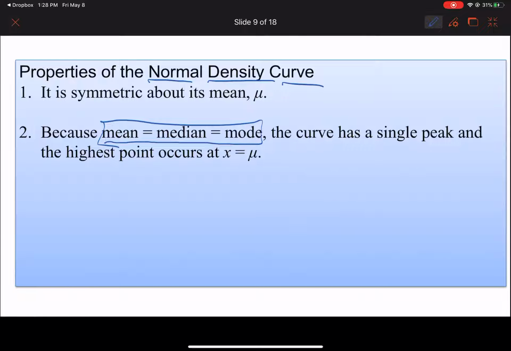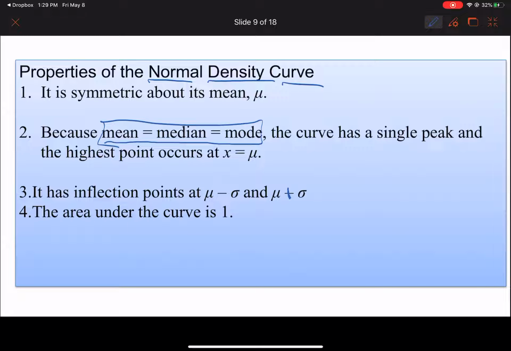So the highest point of your peak is at the mean. It has inflection points at mu plus the standard deviation and mu minus the standard deviation. So one standard deviation on either side of the mean. And as I said, I'm not going to ask you questions about that inflection point.